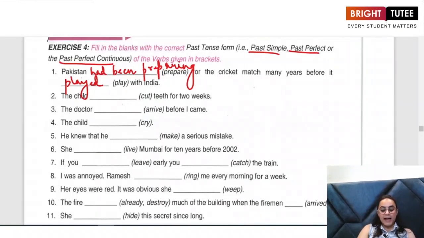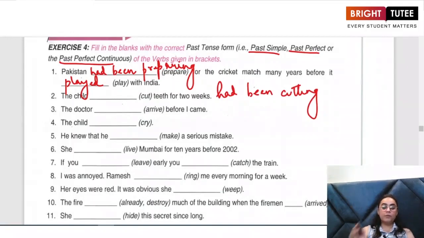The child brushed his teeth for 2 weeks. For 2 weeks, it is again something which is taking place continuously. Had been. The doctor arrived before I came. Was the action complete? Had arrived.